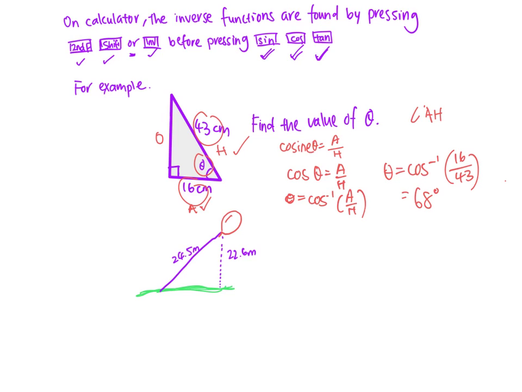I will try to show you one more example for this. The second example is a helium-filled balloon. A helium-filled balloon is attached to the ground by a 24.5 meter string.